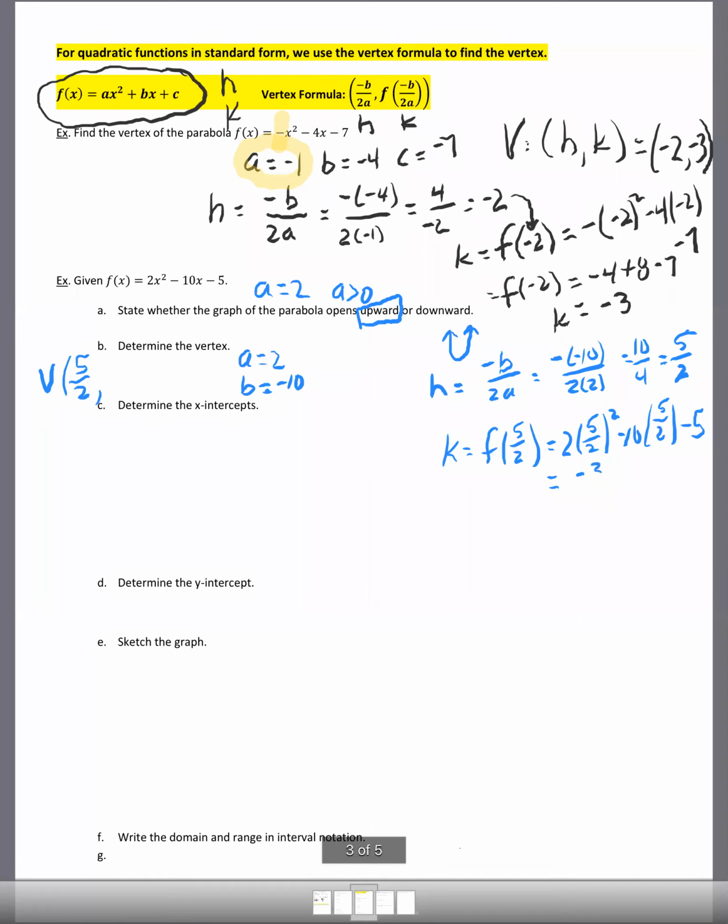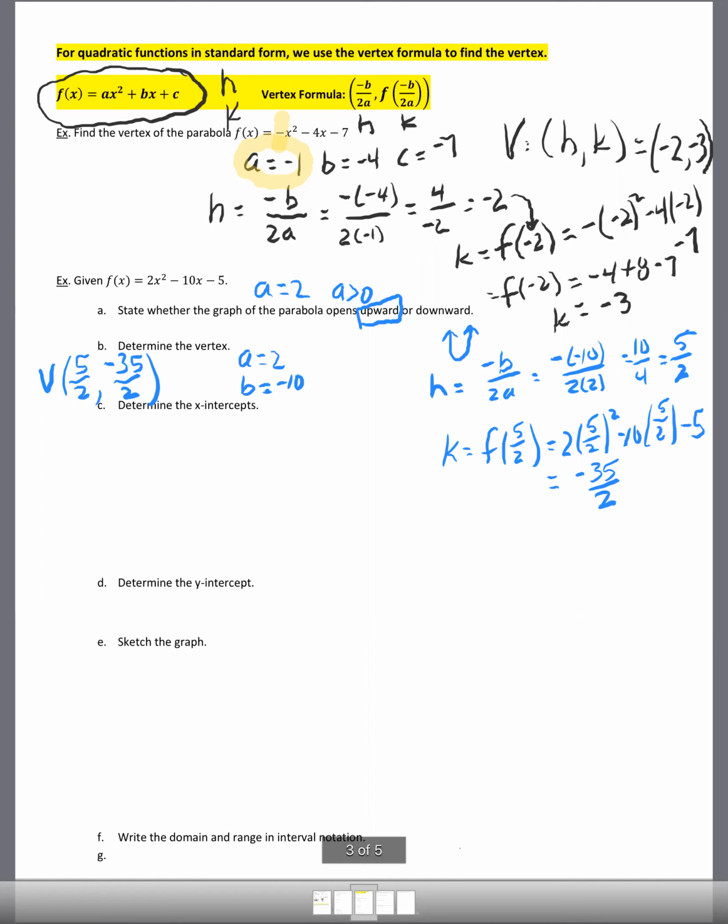So -35 over 2 would be the actual fraction value. So my vertex is something that would be a little bit harder to read. You probably thought that your calculator wouldn't show you where the vertex is because it's so deep.